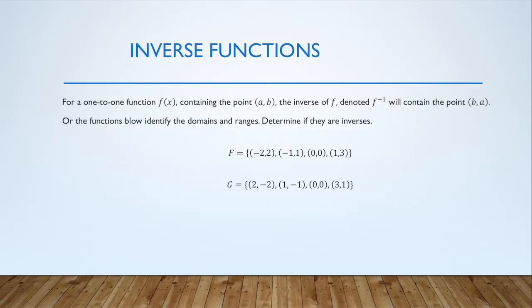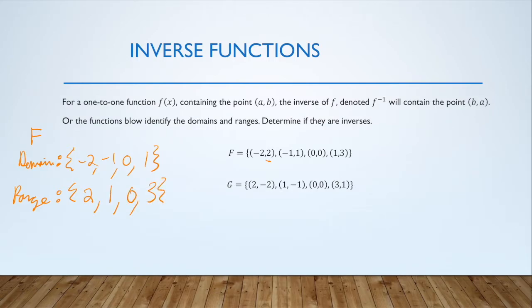So here for the domain of f, let's look at f. I've got all my x values, which are -2, -1, 0, 1. And I have a range, our ranges are y values. I've got a range of 2, 1, 0, 3. Now let's look at g, because remember we want to see if the range of f becomes the domain of g. That would help us tell if they were indeed inverses.